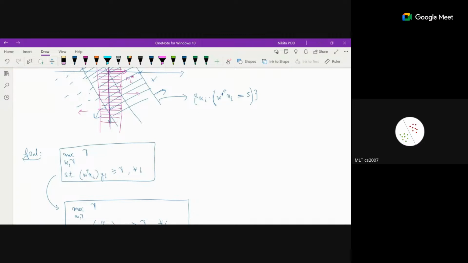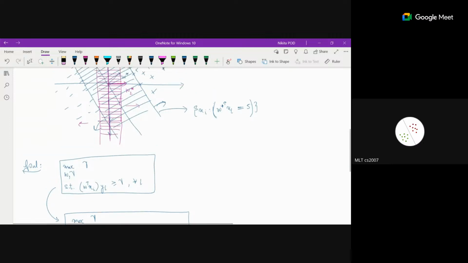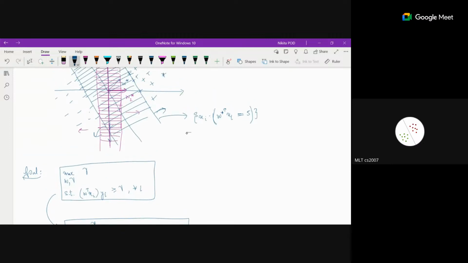Now let's say this pink one is the set of all xi such that w2 star transpose xi is equal to 2, right? The margin was 2. So for the first equation, w star transpose xi equal to 5, you can always bring down your gamma to be 1.